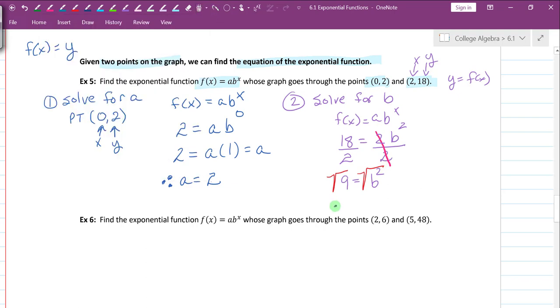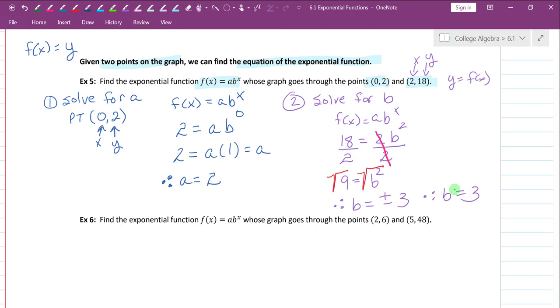And I'm going to get, therefore, b is equal to plus or minus 3. But remember, it can't really equal positive or negative 3 because we said at the very beginning that b must always be positive. Therefore, b equals 3 only. Okay? So that's very important. It cannot equal negative 3.